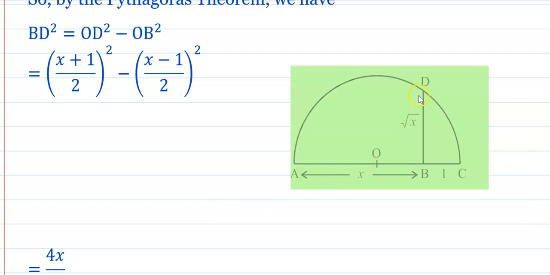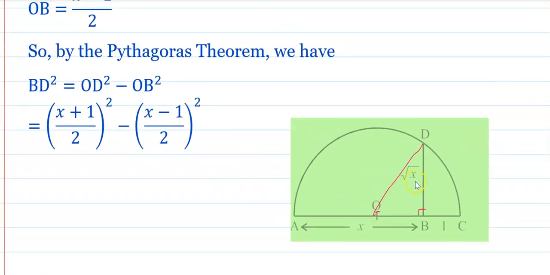If I join here, then we get the right angle triangle. BD square is equal to OD square minus OB square. And what about OD square? x plus 1 upon 2. Now the calculations: x plus 1 bracket square upon 2 square, which is 4.